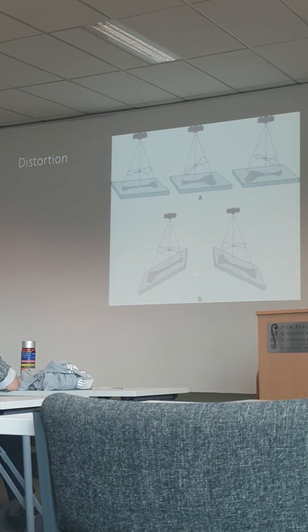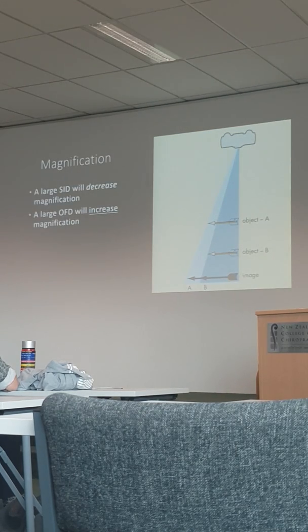And then same thing with changing the film orientation. A large source to image distance will decrease magnification, a large object to film distance will increase magnification. So same object, short object to film distance, not so much magnification, large object to film distance, more magnification.